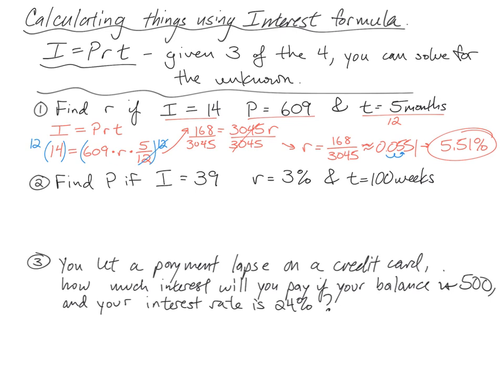All right, next example. If we have these three values given to us, the interest rate, the actual amount of interest we earned, and the time in weeks, we can figure out what P is.